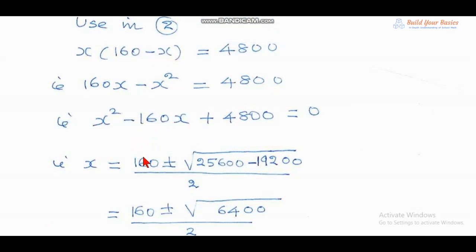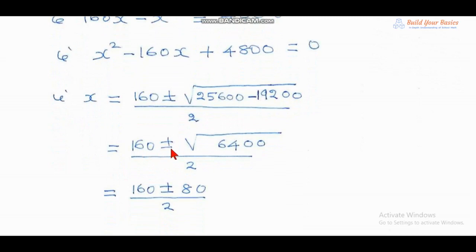Minus minus 160, so plus 160, plus or minus square root of square of this number, that is 25,600, minus 4 times first number into last number, that is minus 4 into 1 into 4800, that is 19,200 with minus sign there, whole divided by 2 into 1, that is 160 plus or minus, subtract, getting 6,400.